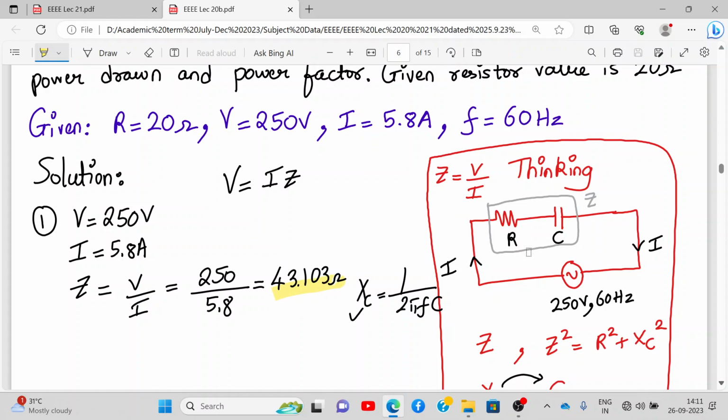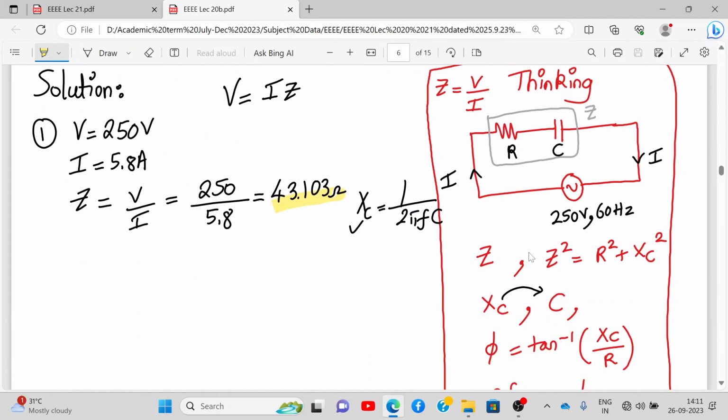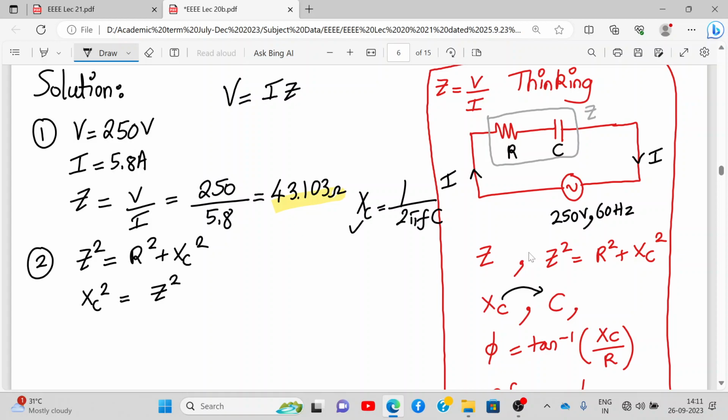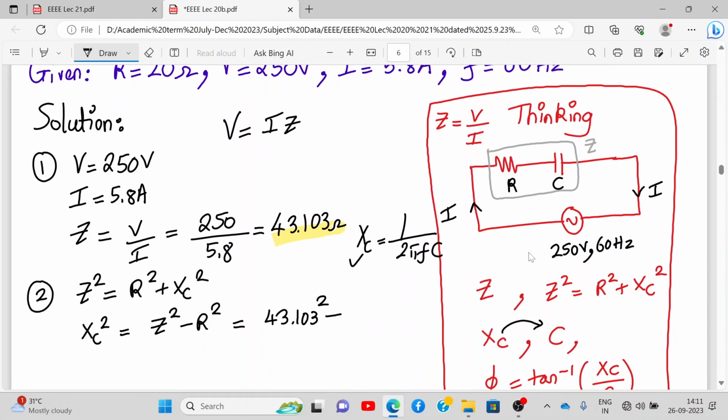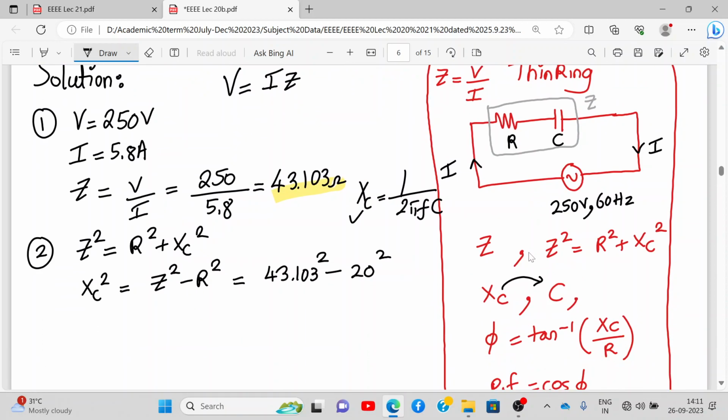Once we know the value of Z, we know for an RC network, Z square is given by R square plus XC square. Now I need to find XC square, so that will be Z square minus R square. Z square is 43.103 square minus 20 square, as R is given as 20 ohms. So tell me the value of XC square.